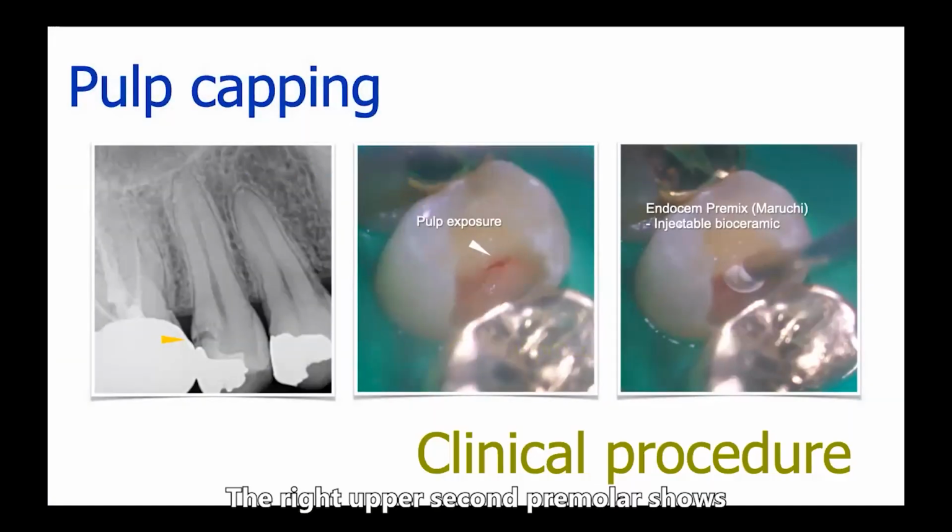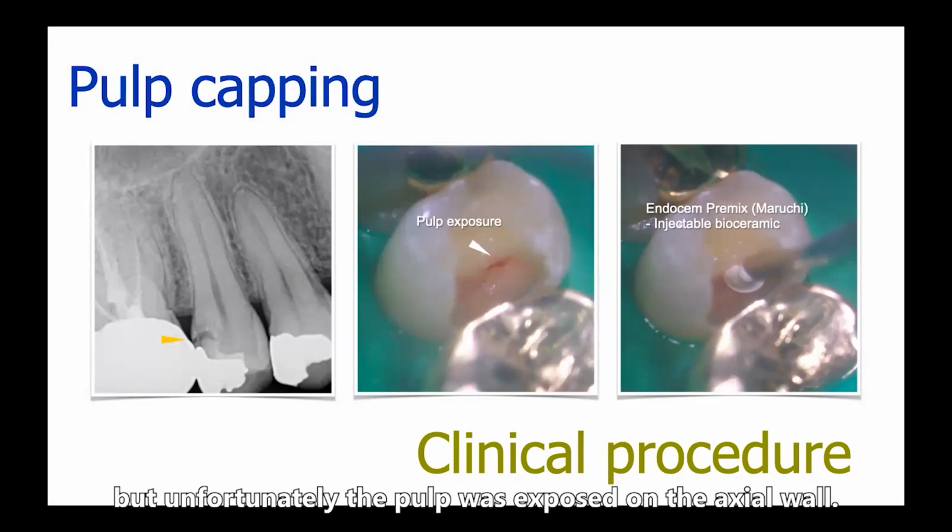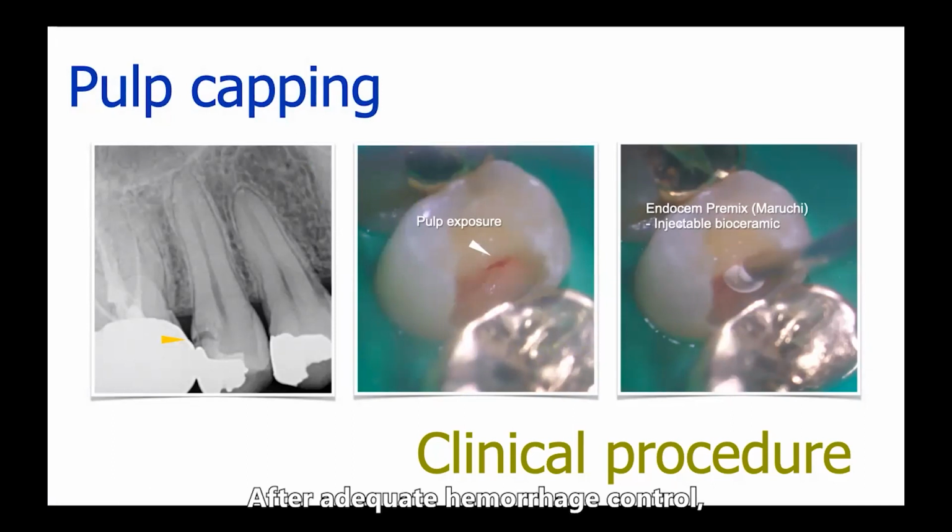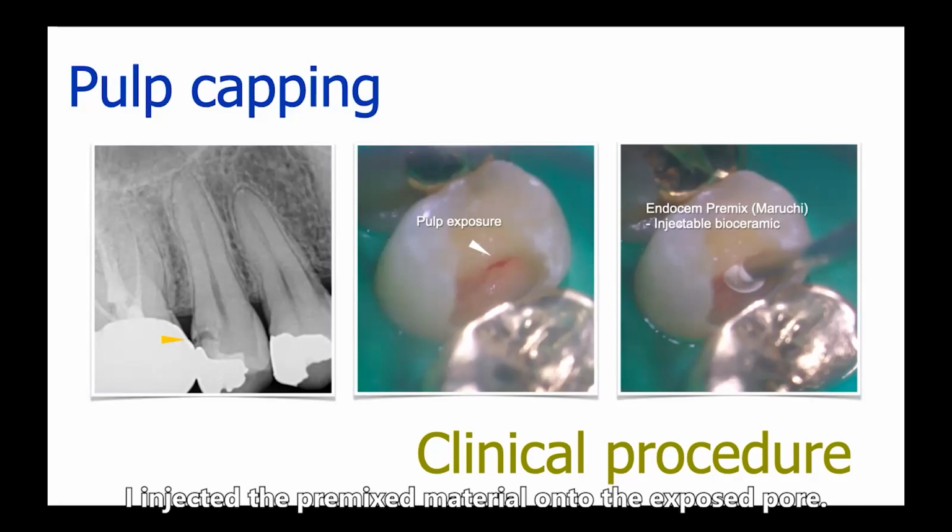The right upper second premolar shows proximal caries on the distal surface. I removed the previous restoration and caries, but unfortunately the pulp was exposed on the axial wall. After adequate hemorrhage control, I injected the premixed material onto the exposed pulp.